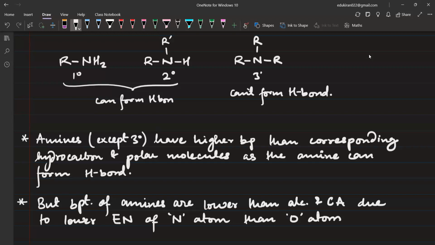Since oxygen atom is more electronegative, it is more polar. And the more polar something is, the more intermolecular forces of attraction it will have. And when you have more intermolecular forces of attraction, the boiling point will obviously be higher.